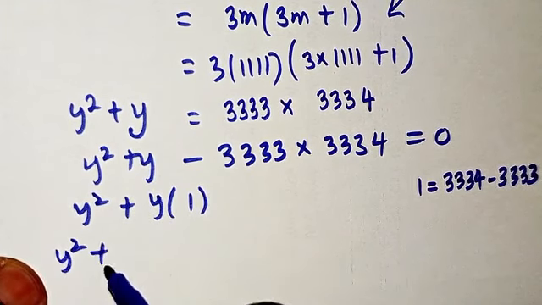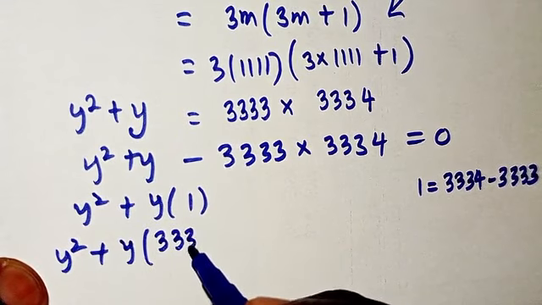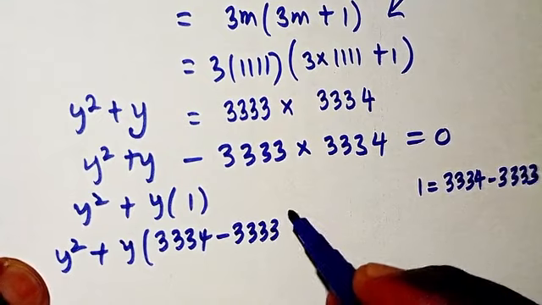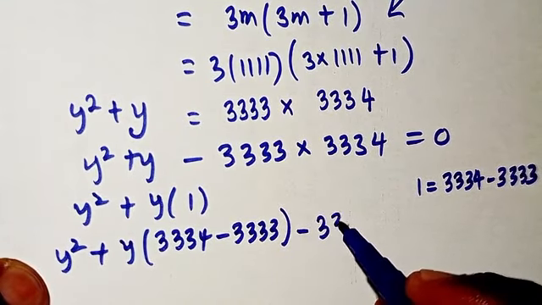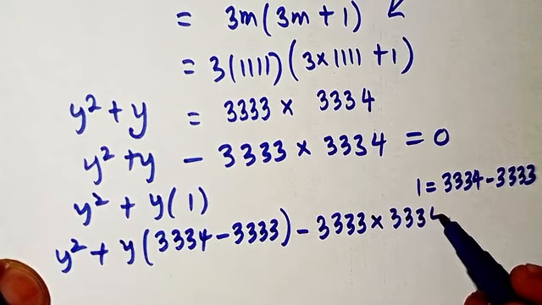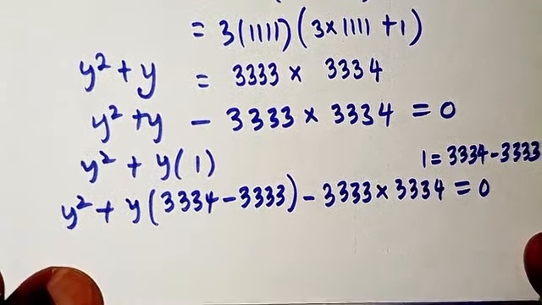We have y squared plus y into bracket 3, 3, 3, 4 minus 3, 3, 3, 3 minus 3, 3, 3, 3 times 3, 3, 3, 4 equals 0. Are you following?